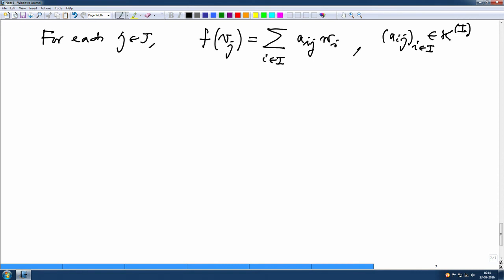Therefore, these images, these f of v_j's are actually determined by these coefficients, because we know the coefficients are unique, because w_i is a basis.